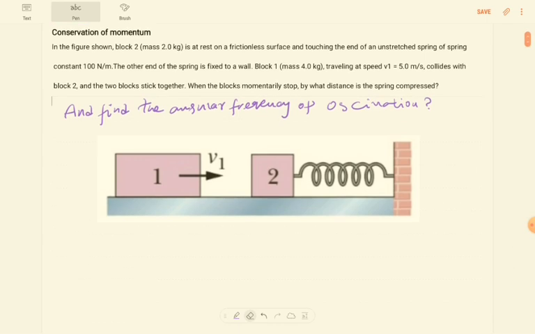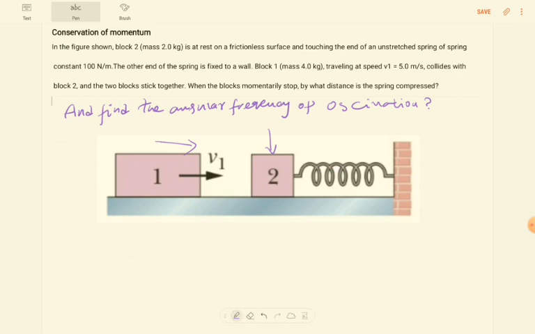Okay, so according to the question, here we have block 1. Block 1 initially travels with speed of v1 to the right, and block 2 is initially at rest, and it's also attached to a wall, a fixed wall here.